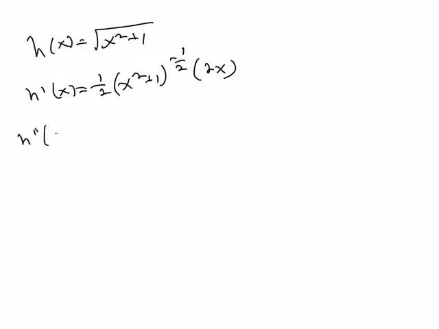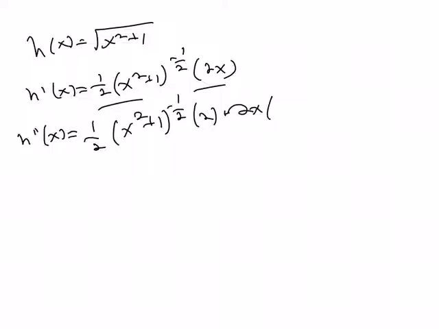And then h double prime of x is going to be, and now we're going to use the product rule, so this is going to be x squared plus 1 to the negative a half times the derivative of this, which is 2, plus 2x times the derivative of this, which is going to give us a half times negative a half times x squared plus 1 to the negative 3 over 2 times 2x. And that's that. That is the first and second derivative for problem 47.